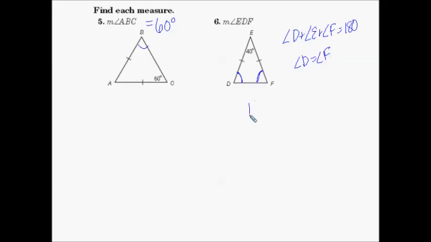So if I take 180 and I subtract 40, I have 140 left for two angles. So I divide that by 2, and I get 70. So these are 70 each.